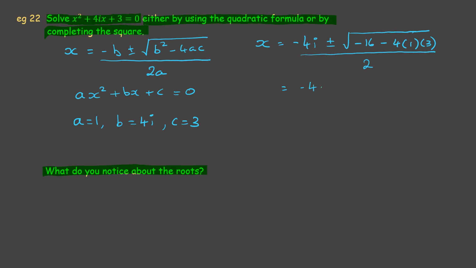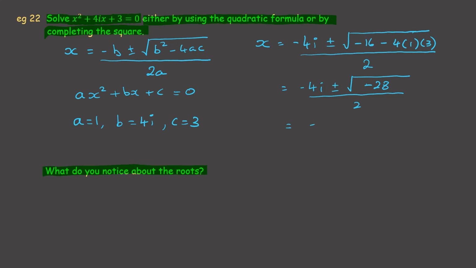So I've got negative 4i plus or minus the square root of negative 16 take away 12 is negative 28, all divided by 2.